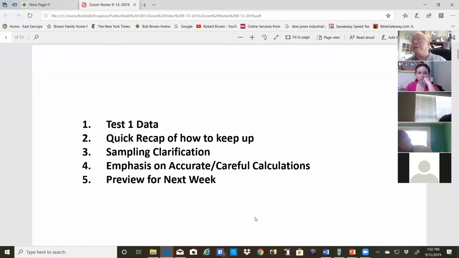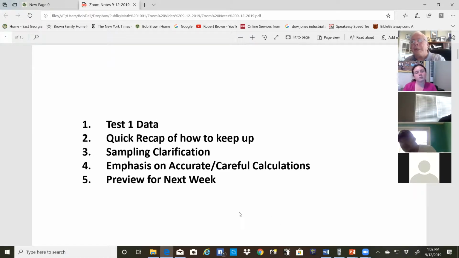Okay, I'm going to send these notes out to y'all after we have the session. These are some of the things I'd like to cover. I see one thing I left out, and that was to ask you to ask questions. But we're going to go over test one a little bit and show you some data on it.